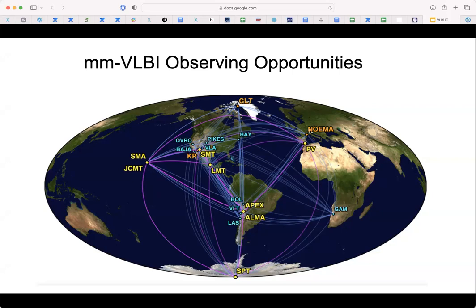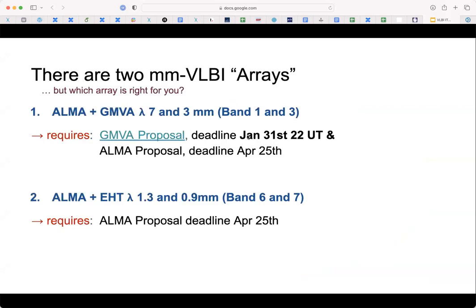NOEMA is now also added to the array, and there are also upcoming antennas that will be joining the various arrays. It's really a growing field. There are going to be more and more. The UV coverage, as you can see from all the baselines, is also getting better with time. And so it's a really exciting time to join ALMA VLBI.